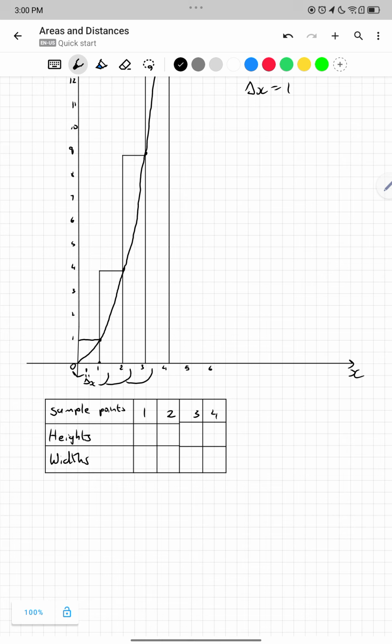So my heights are 1, 4, 9, and 16. And my widths are the same, which is 1, 1, 1, 1.